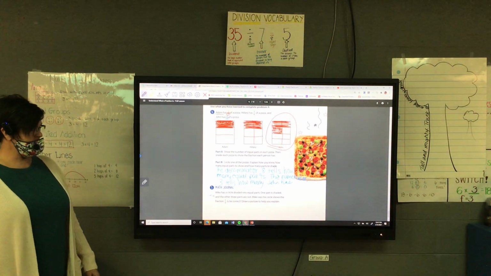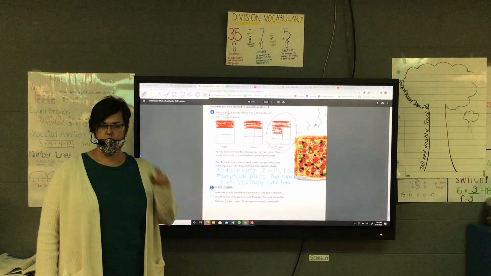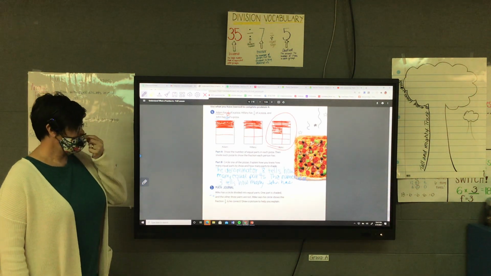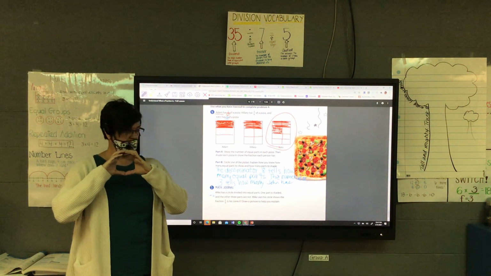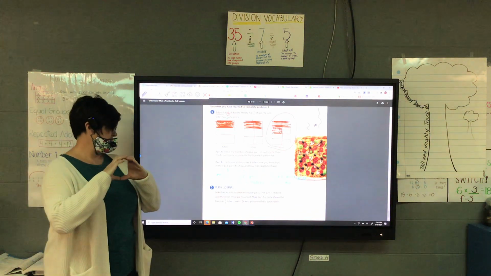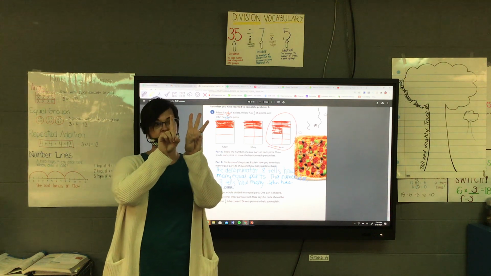Mike says his circle shows the fraction 1/3. Hold on though, let's look at that again. He has a circle and it's divided into equal parts. One part is shaded and the other 3 are not.